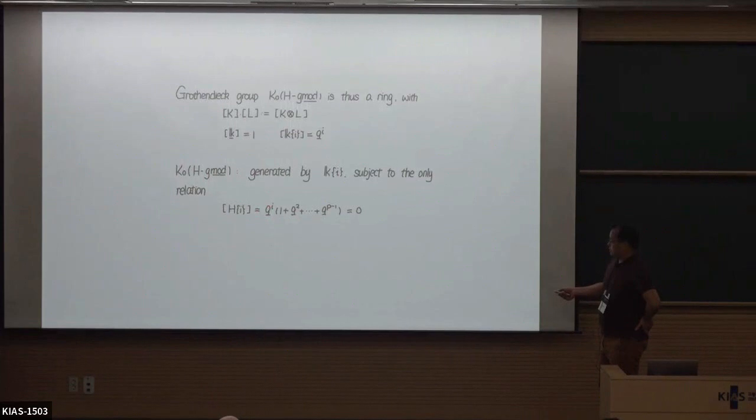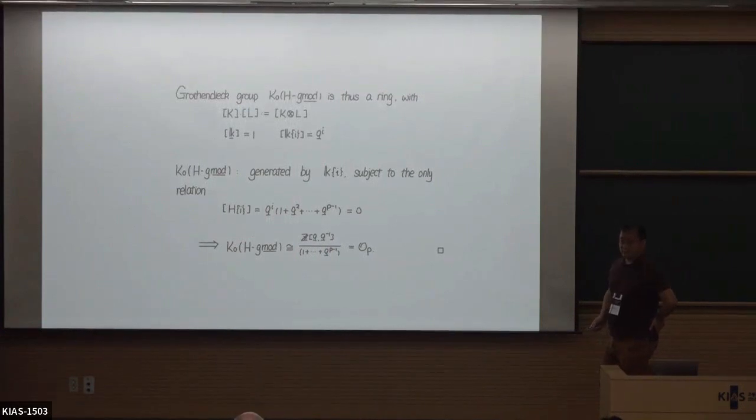The grading-shifted copies of the free module have symbol q to the i times the cyclotomic polynomial. So when you quotient this ring Z[q, q inverse] by this, you get the cyclotomic integer ring. That's why this is a categorification of this ring of cyclotomic integers.